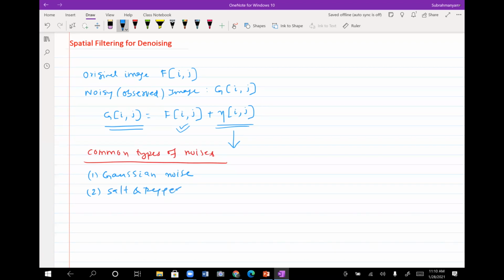And of course, sometimes there could be only salt, which you could call salt noise, or another name for it is impulse noise. There could be noises that you might not model with any of the well-known kinds of distributions, and you may find the distribution for the noise itself. Anyway, we are not going into those details.